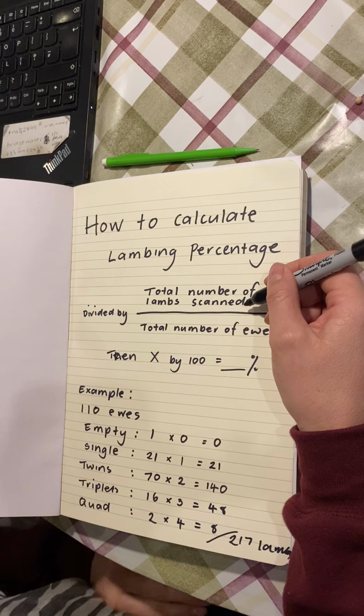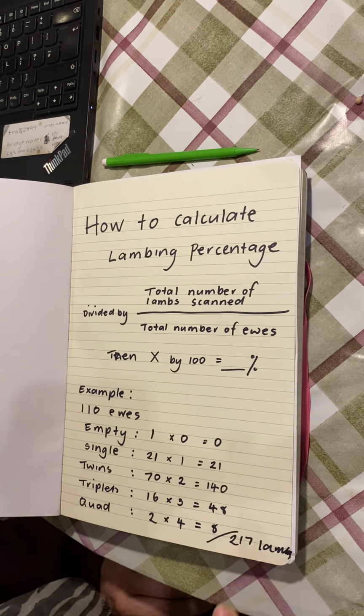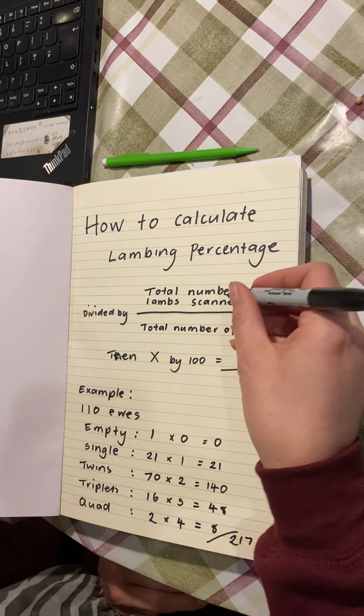So if you go back to our original formula, it says the number of lambs scanned, 217. So we add that in there, divided by total number of ewes, which was here, 110.